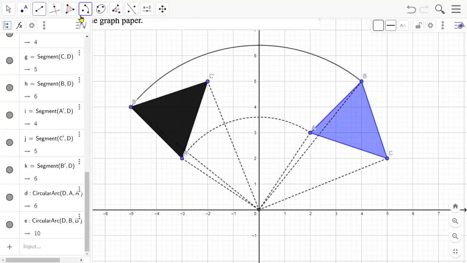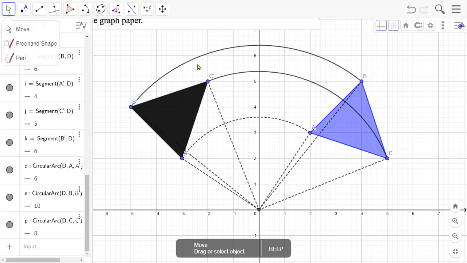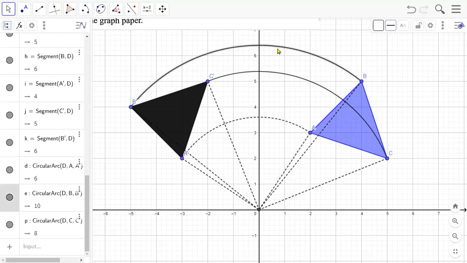Similarly, we have to move C to C dash. These connecting arcs should be dotted because they are just the path of the rotation. So we have to give the dotted path.